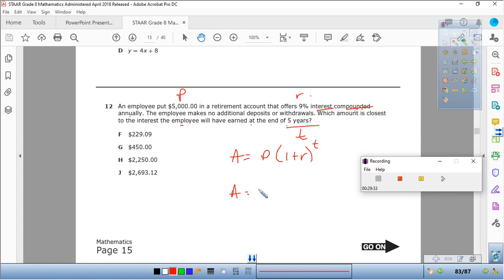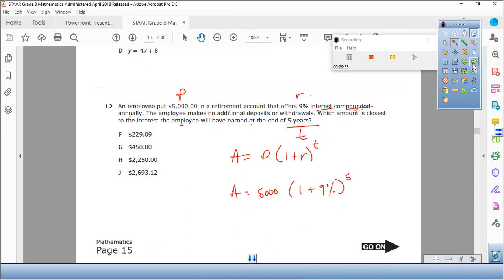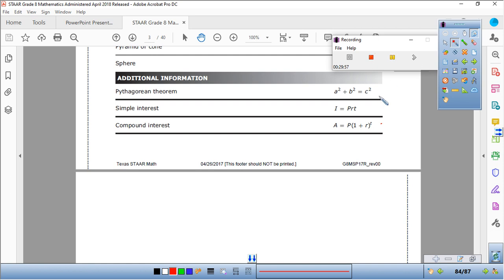A equals P, which is your principal of 5,000, times 1 plus your rate of 9%, to your term of 5. Which is the closest amount of interest? Now, how do I tell you this, guys? Okay, so you need to remember this.